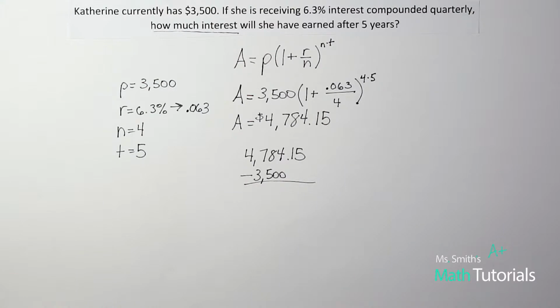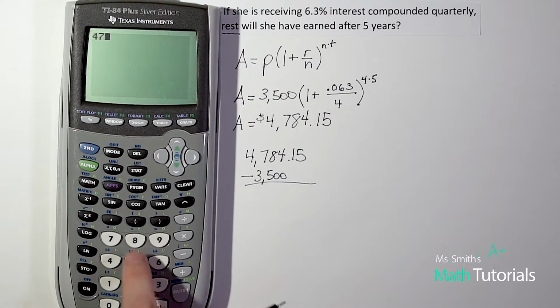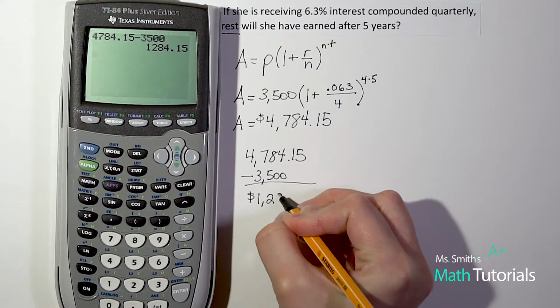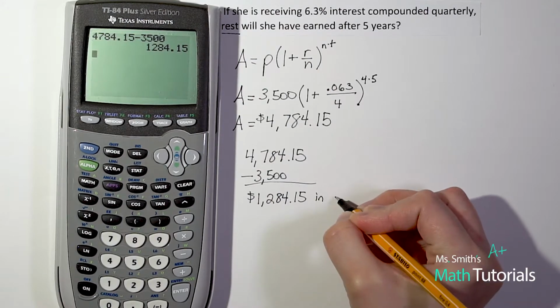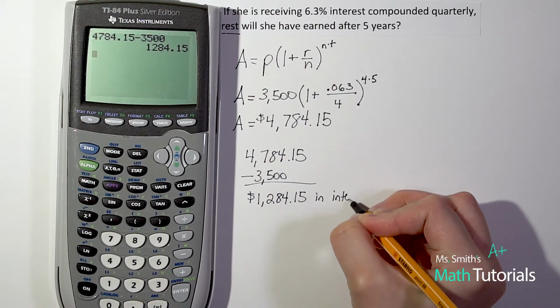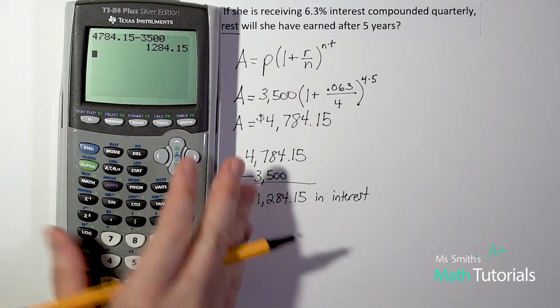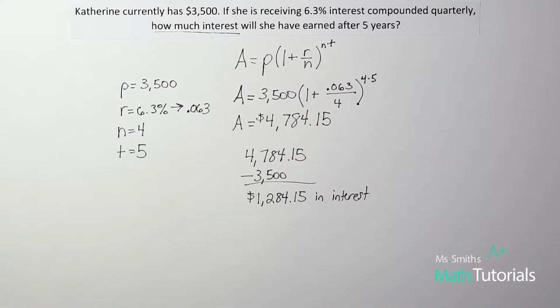We could do it by hand or we could just use our calculator. 4784.15 minus 3,500, and we get a total of $1,284.15 in interest. So that's how much Catherine has earned in interest over these 5 years.